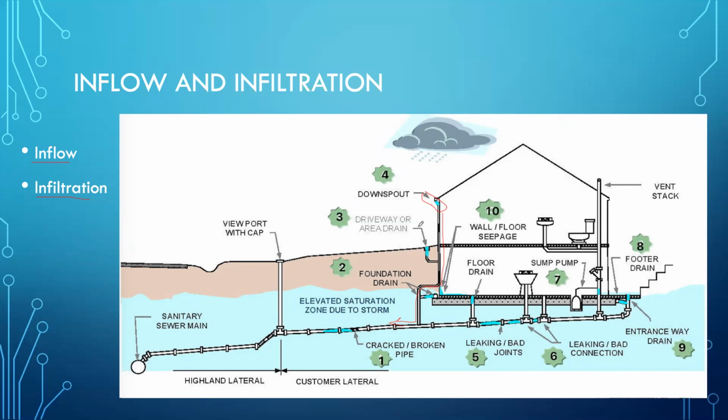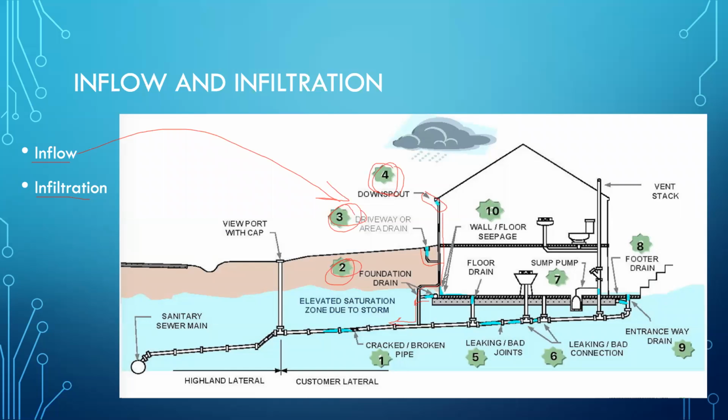That's bad. Here we have a driveway drain. It too is connected into the system. And in this case, we have a foundation drain that direct connects. So the downspout, the driveway, foundation drain right here are all examples of inflow.